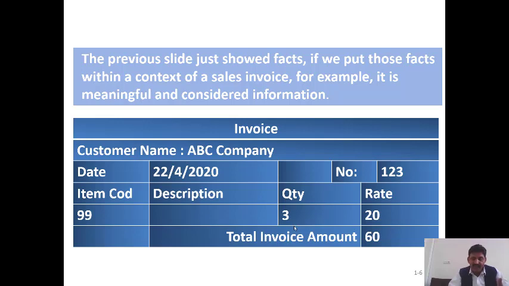Information is organized and processed data on which we base a decision. So whenever a decision is based on the data, it becomes information. Based on raw data, we do not make any decision. I hope you understand what we mean by data and information.